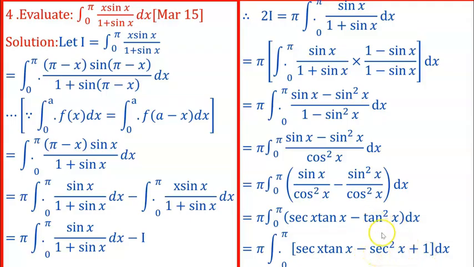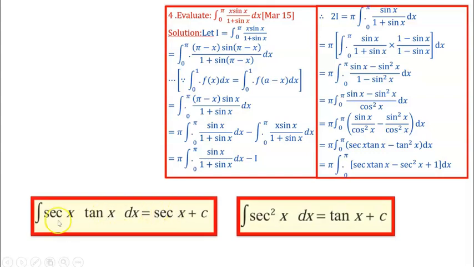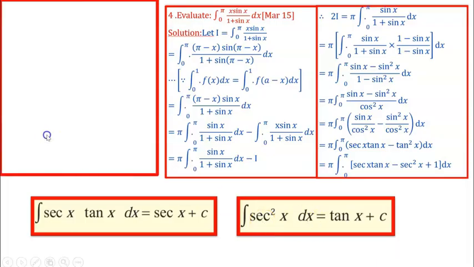Here we have applied the identity tan square x is equal to sec square x minus 1, and change the sign. Now next, see this here. The integral of sec x into tan x is sec x, and the integral of sec square x is tan x, and the integral of 1 is x.